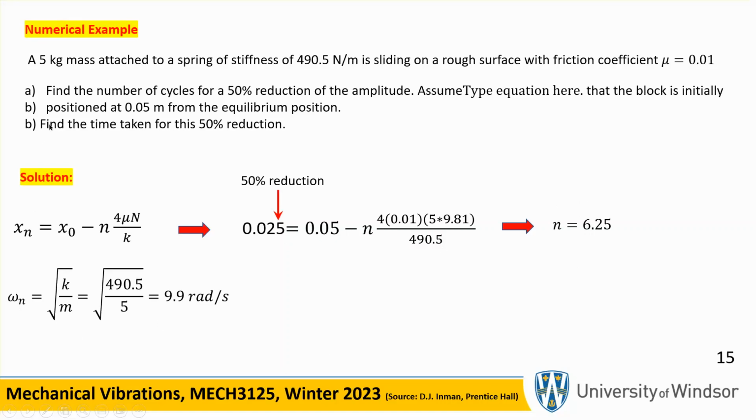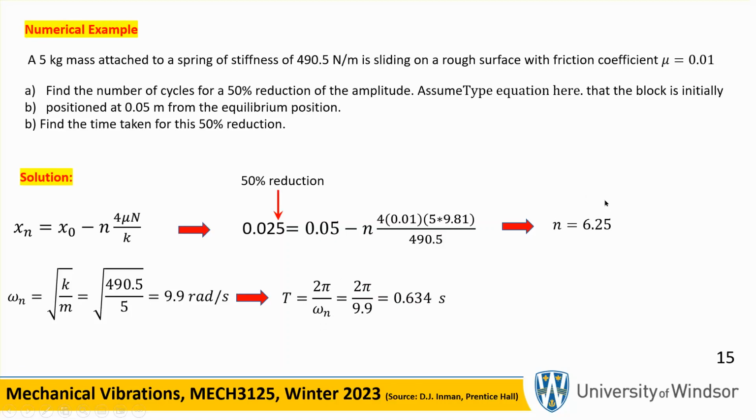And it says find the time taken for this to take place. So what we really need is the period of each cycle, and there's 6.25 of them. So we multiply 6.25 by that period, and we're going to get the time taken for this reduction to take place. In order to find the period, I need to calculate omega n, the frequency, and period is just 2 pi over omega n, which is 0.634.